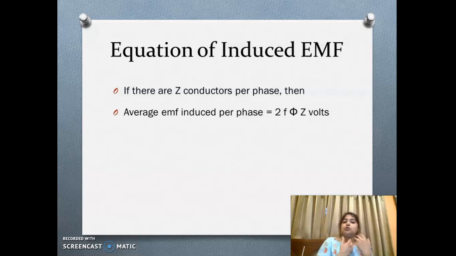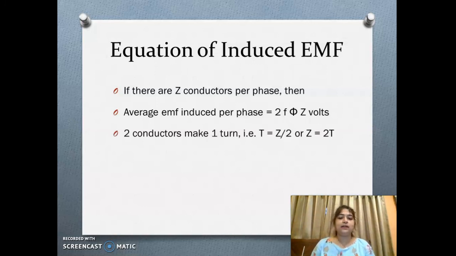Now we can talk in terms of the total number of conductors, that is Z, or in terms of turns. What is the relationship between conductors and turns? We know two conductors make one turn.